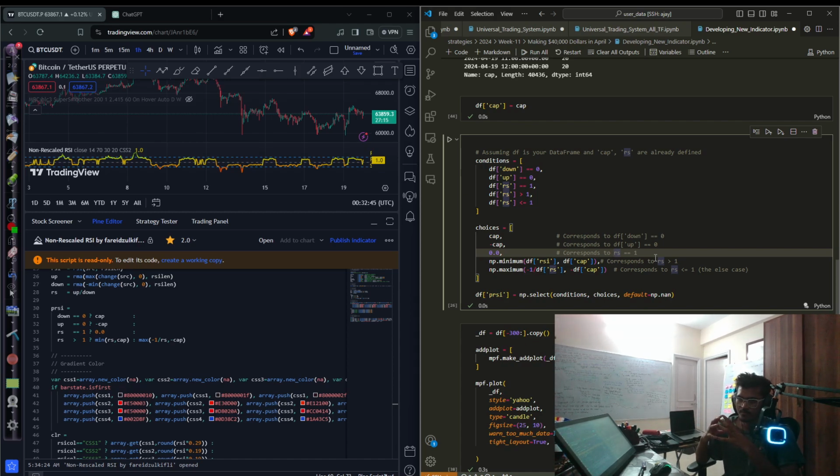Otherwise, if it's less than 1, then we give it the negative value of that cap of 20. These are the choices that we have to return. So all the values are either 20 or the RSI value between minus 20 and 20, I think. Right? Yeah.